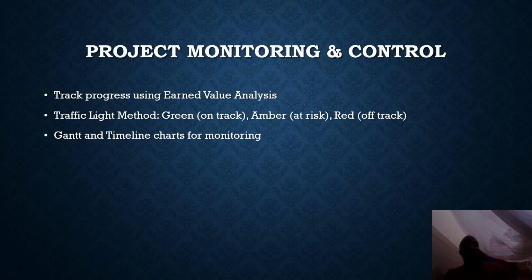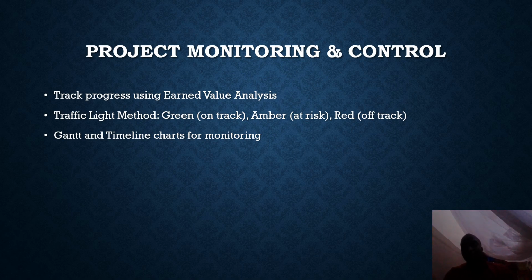Then we have project monitoring and control. This involves tracking progress using earned value analysis, the traffic light method, which is green. You see, green can be used to indicate that our project is on track, or the project is moving on well, there are enough resources, maybe the finances are okay.